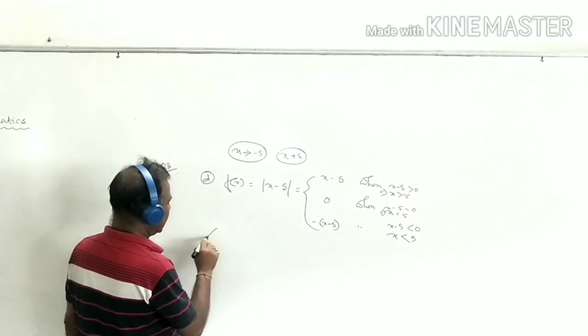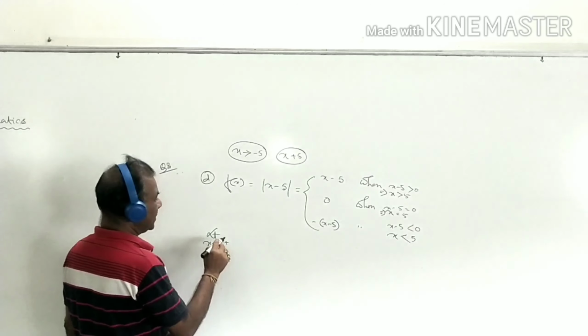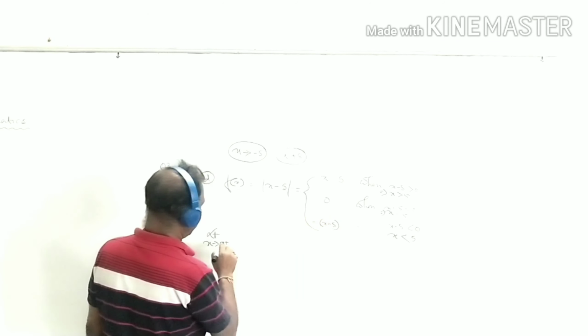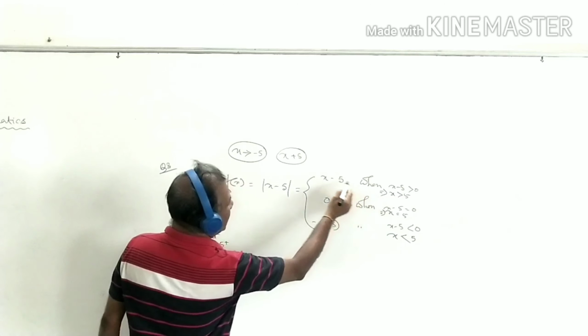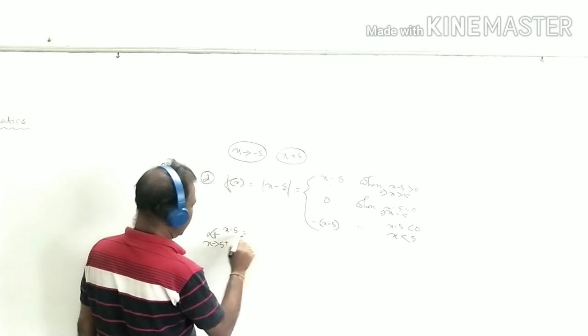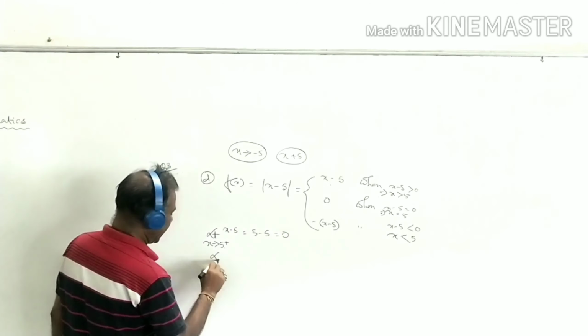Limit x tends to 5 plus. Here x tends to 5 from above, that means x is greater than 5, so which function will be taken? x minus 5. So it will be 5 minus 5, which equals 0. If x tends to 5 minus, which function will be considered? x less than 5, that is minus of x minus 5.